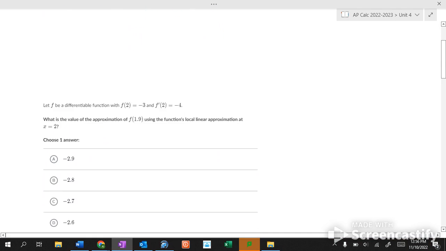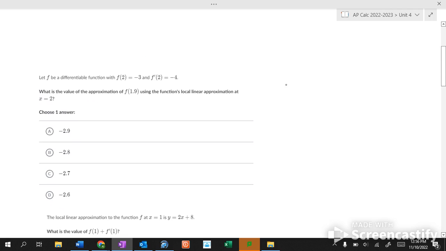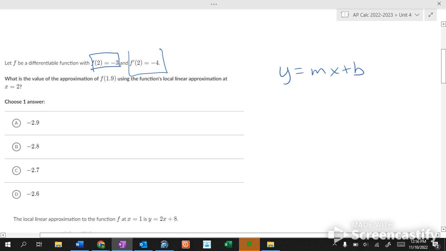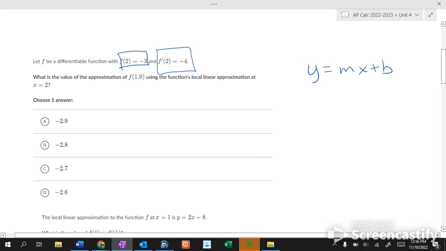value? Okay, so if you use y equals mx plus b, this is x and y. This is your slope. Okay, got it?